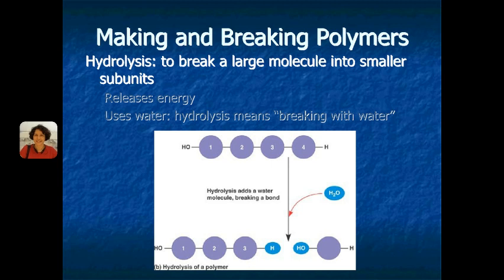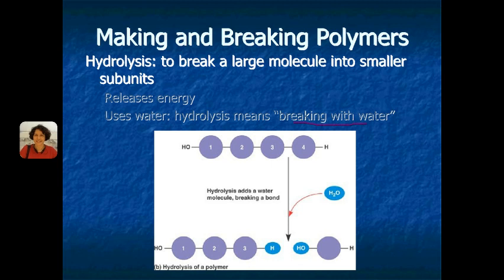Where in the condensation, dehydration, and synthesis reactions you extract water molecules from the subunits, in the hydrolysis reaction you're going to be adding a water molecule to the subunits, and that is going to help break them up. And this is why it's called hydrolysis. Hydrolysis means to break with water.